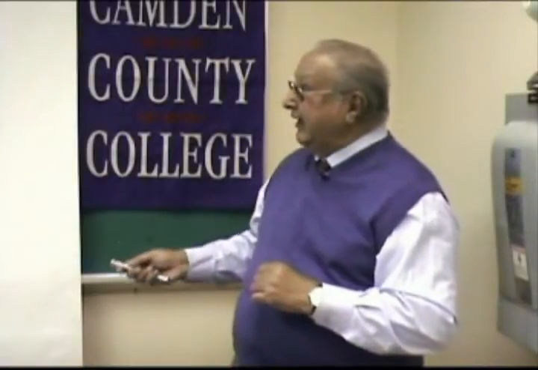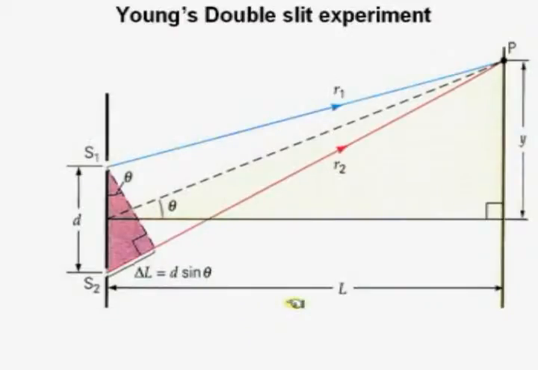Now this is the experimental setup for the interference. This is also called the Young's double slit experiment, in which you can see that light will be coming from two different points. You can easily see that the blue line is the shorter one, and the red line is a much longer one. In other words, the red light travels a much longer distance.